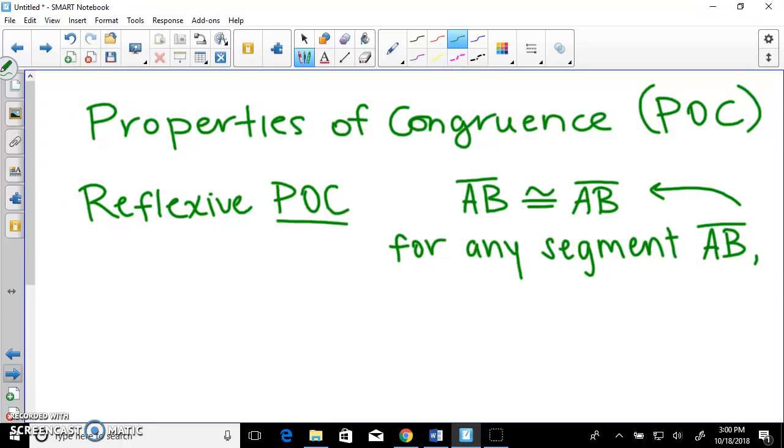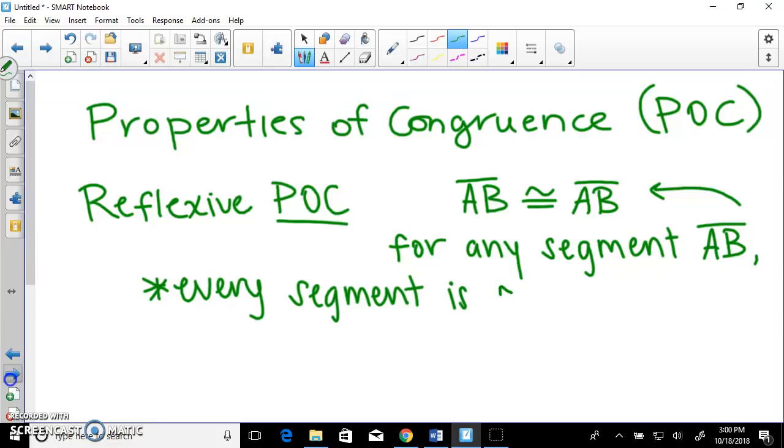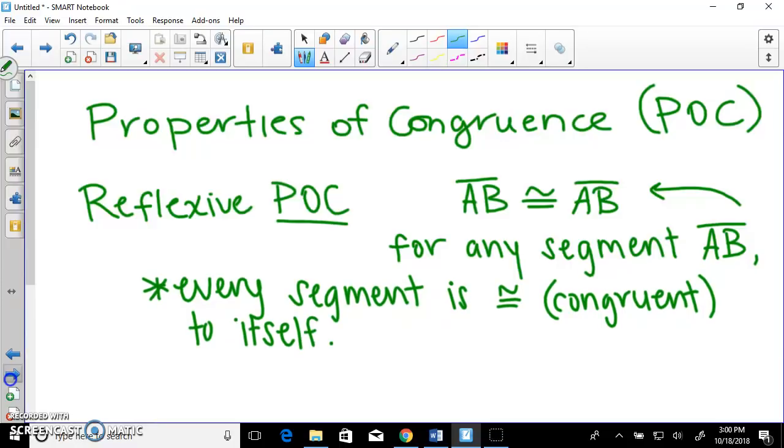It just means every line segment is congruent to itself. Remember that sign? That means congruent to itself. So that's our reflexive property of congruence.